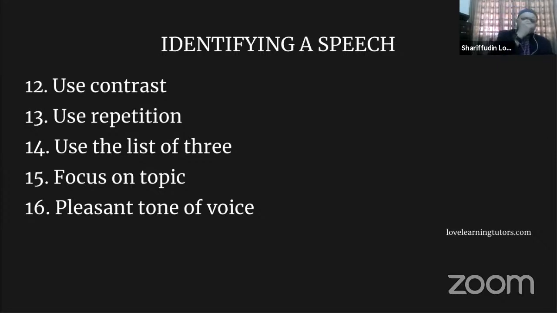Then again, on focusing on the topic, when you have written your speech, you practice the speech. It's very crucial that you practice your speech because you want to follow the time and watch out for the time frame.